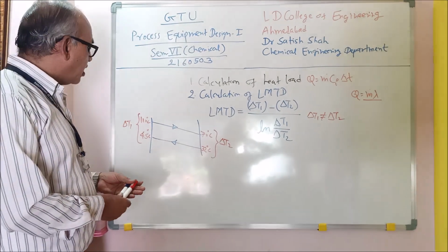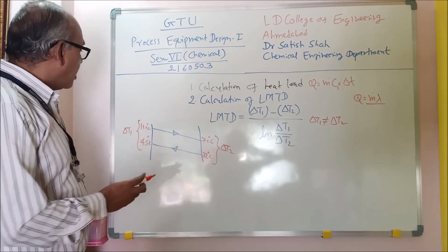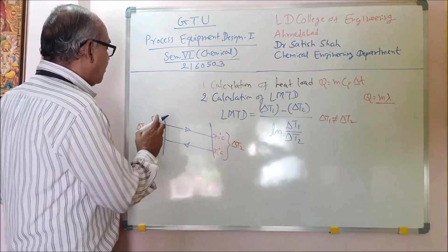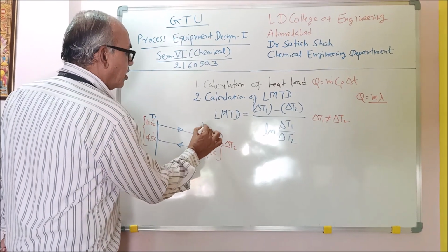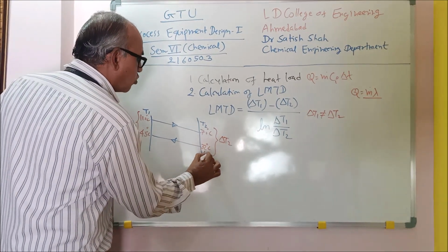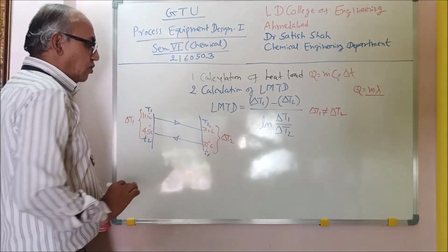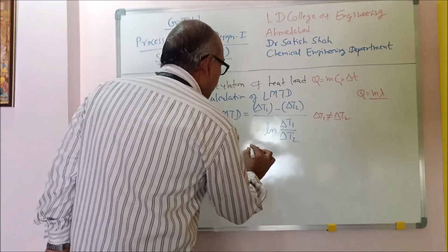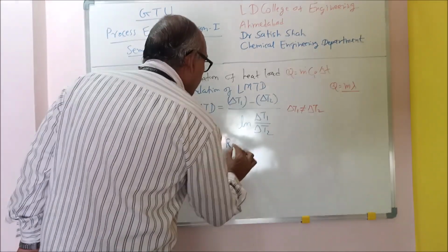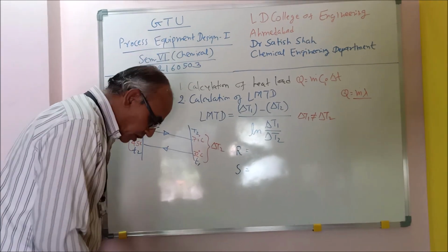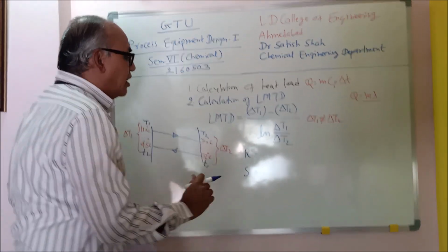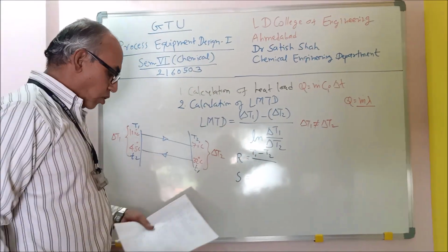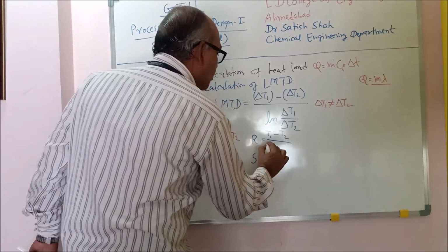For applying the correction factor, I can write this hot temperature in symbols as capital T1, T2, and this I will write as small t1 and t2. If I write like this, I can calculate the values of R and S. Now what is R and what is S? R is T1 minus T2 upon T2 minus T1.